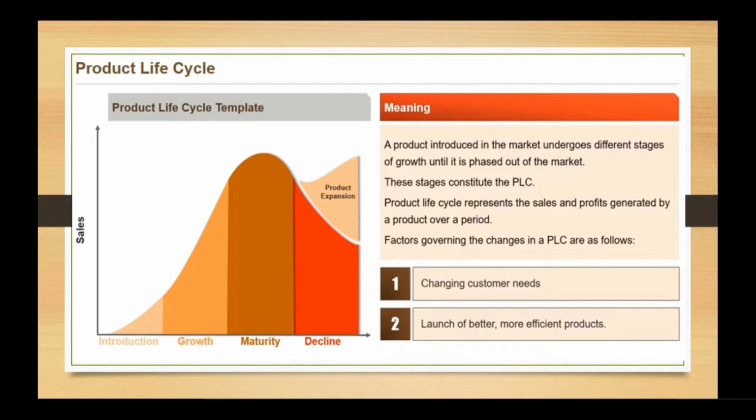Then again, what would happen? The sales of your product will be changing. It may decline, and then again your product will be moving from one stage of its life cycle to another stage of the life cycle. Now these are the two broad factors which are controlling the stages through which a product moves through its lifetime.